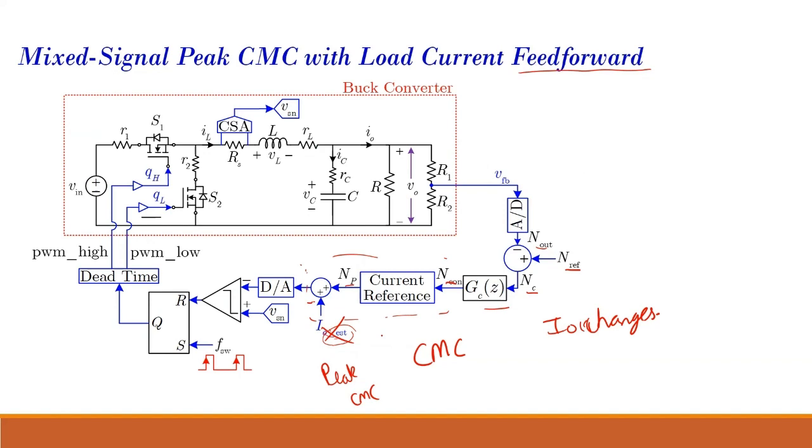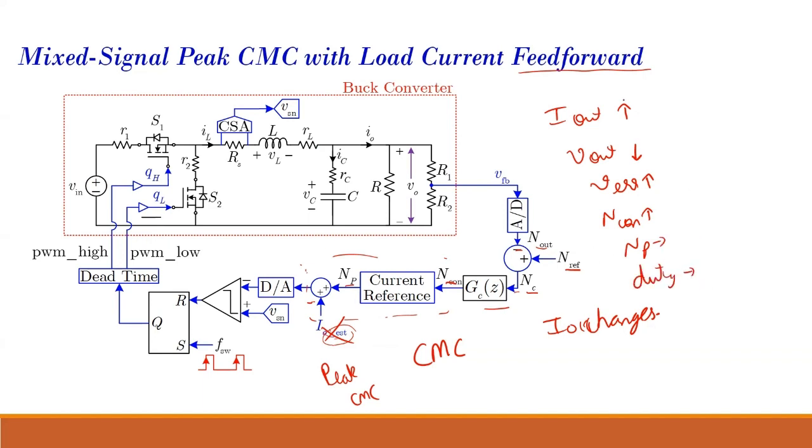If this was not there, then when your output current increases, your output voltage starts reducing. As it reduces, your error increases. So your error increases, then your control signal will increase, then your reference current will increase, and effectively your duty ratio increases.